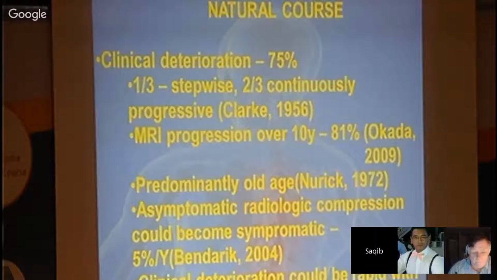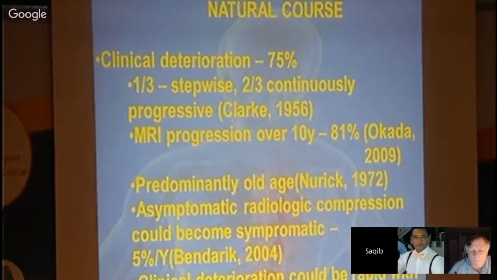So what is the natural course of the disease? About 70% of the patients that are myelopathic will progress, and 1/3 of the progressing ones will have stepwise progression, and 2/3 will have continuous progression. MRI progression over 10 years is about 80%, so you will see worsening on the MRI scan. Predominantly old age.